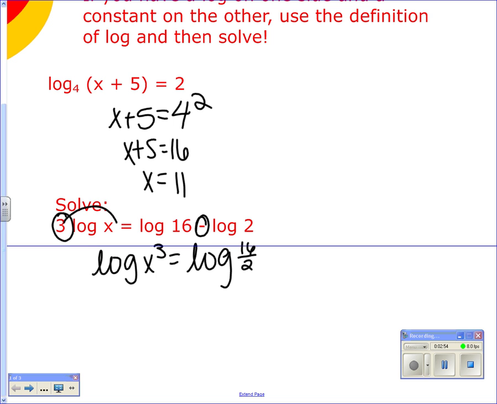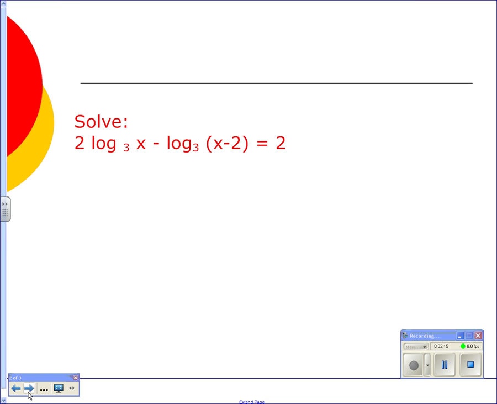So then what would you do? The logs would go away. And then what? Make sense? Any questions on those? Okay. You think you can do them by yourself? Probably.